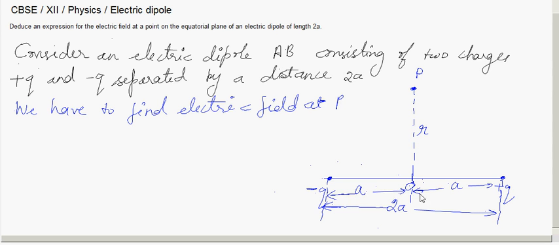The total electric field is nothing but the vector sum of the electric field due to plus q and the electric field due to minus q.